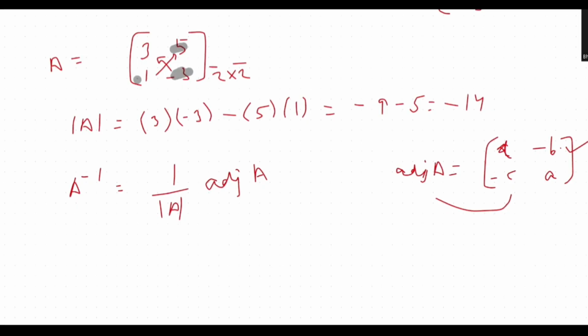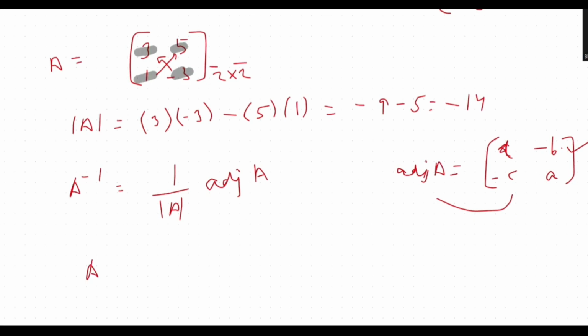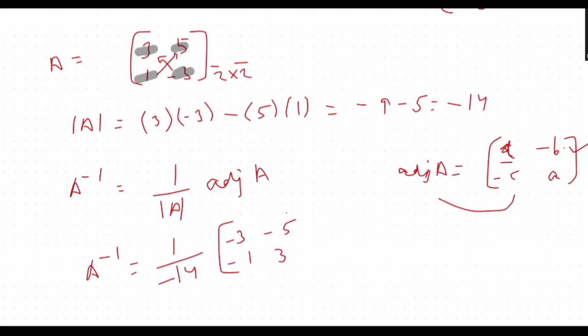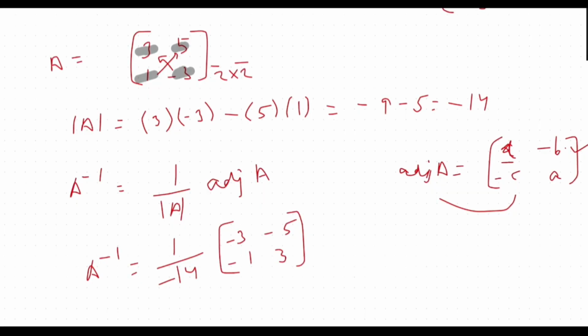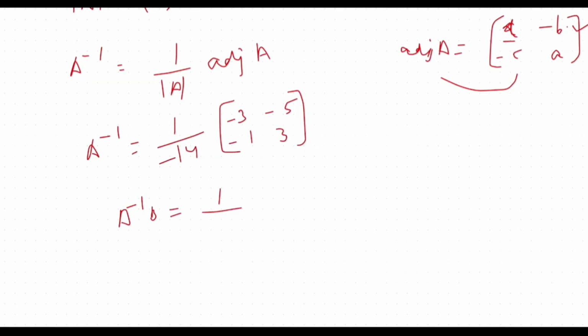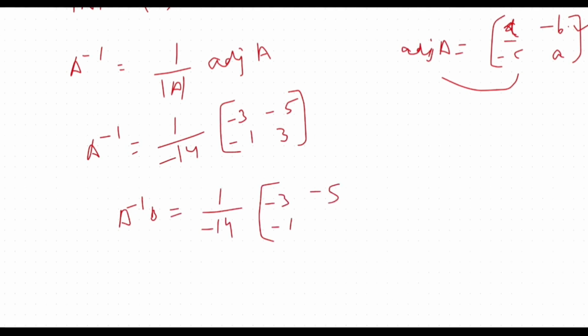So A inverse is 1 upon negative 14 times the adjoint of A: D, which is negative 3, B, which is negative 5, C, which is negative 1, and A, which is 3. And now we need to multiply it with B. So A inverse B. A inverse we have already, which is 1 upon negative 14, negative 3, negative 5, negative 1, and 3, which is multiplied with B. So B we have negative 7 and 7, right?